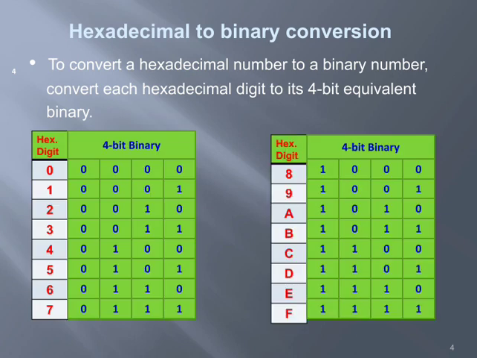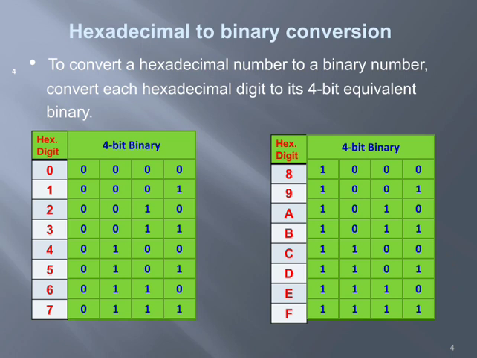So these are the binary numbers corresponding to the hexadecimal digits starting from 0 to 9 and A to F. If you observe, for 0 the corresponding binary equivalent will be all 4 zeros, and for 1 it will be 0001, and for 2 it will be 0010, and for 3 it will be 0011, and so on, and for 9 it will be 1001, and for A it will be 1010, and so on, and for F it will be all ones.